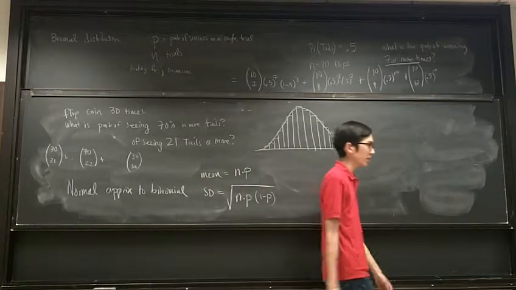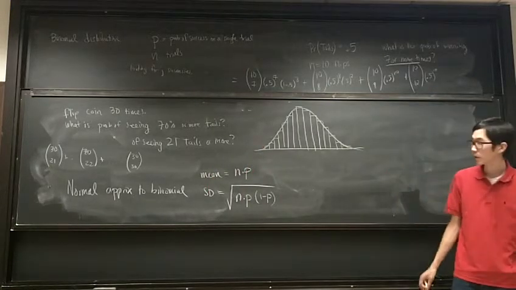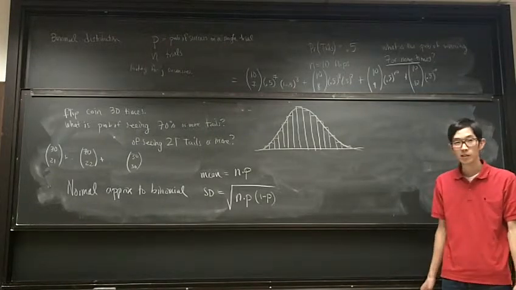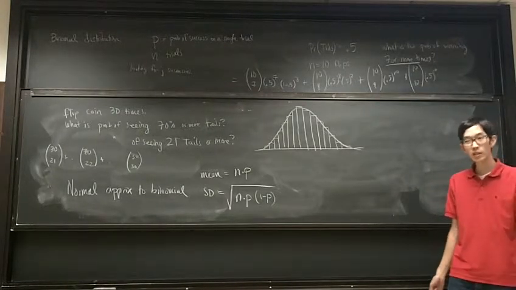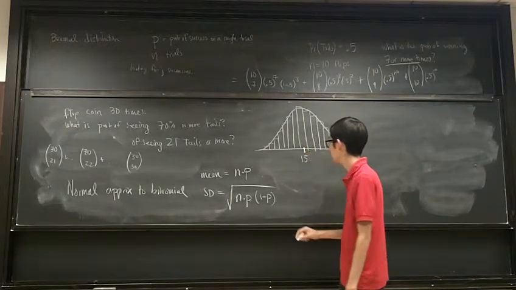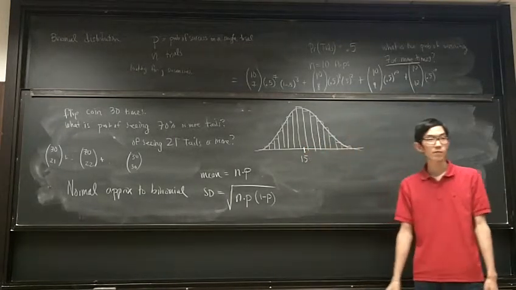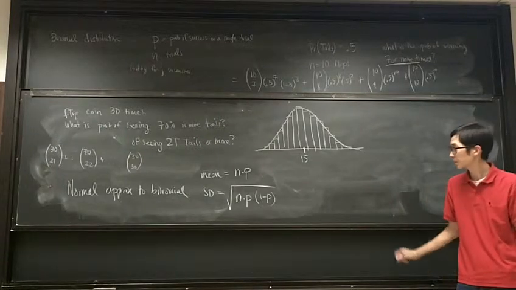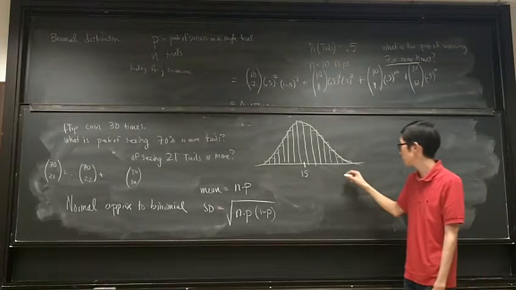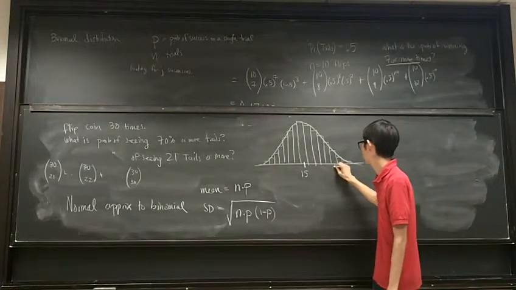If I flip a coin 30 times, how many tails do I expect to see? 15, right? And that makes intuitive sense. And so that number goes right here in the middle. I'm expecting to see 15 tails. But I'm asking, what's the probability of seeing 21 or more tails?